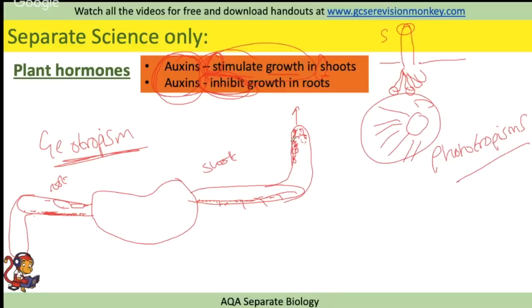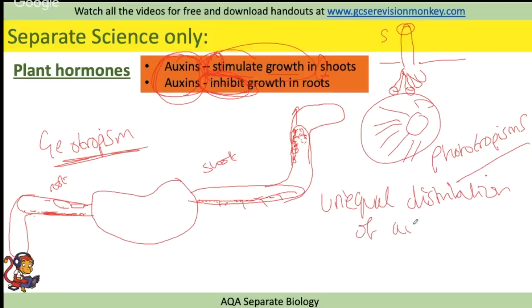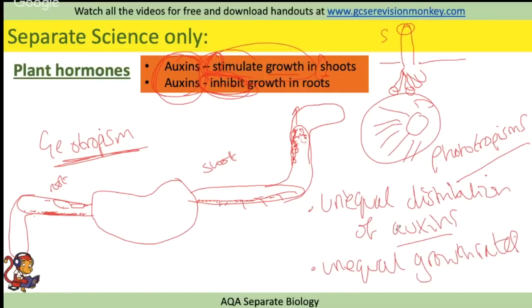This would cause more growth on this side, causing the shoot to bend towards the light. So the important words to be talking about is unequal distributions of auxins. So unequal distribution of auxins, that's the hormone that we're talking about, causing unequal growth rates. Try and get those keywords in when you're talking about plant hormones.